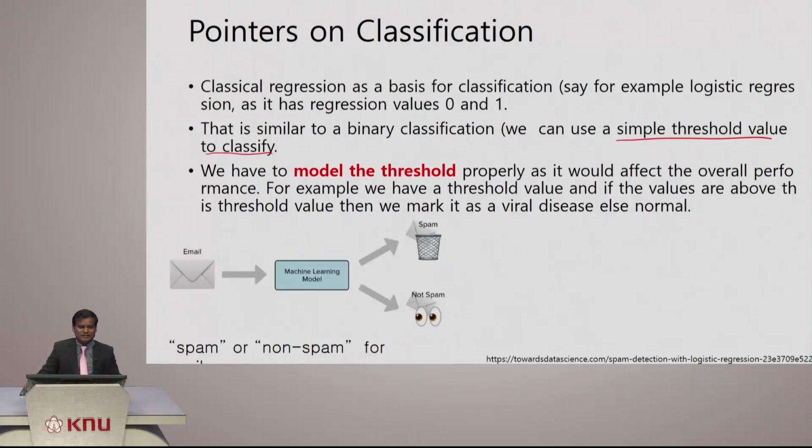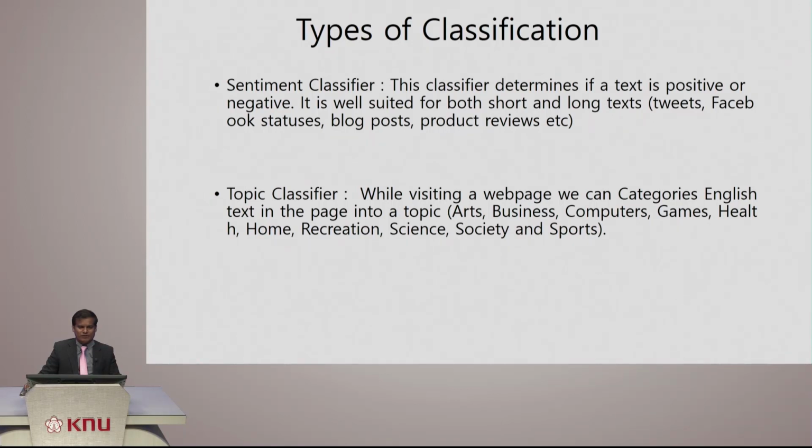Let's go into details with some types of classification. There are, in fact, I would say thousands of types of classifiers. You can talk about all different kinds of classifiers. Here are some examples, like the sentiment classifier. This classifier determines if a text is positive or negative. When I say a text is positive or negative, I mean looking at a sentence which contains different words.